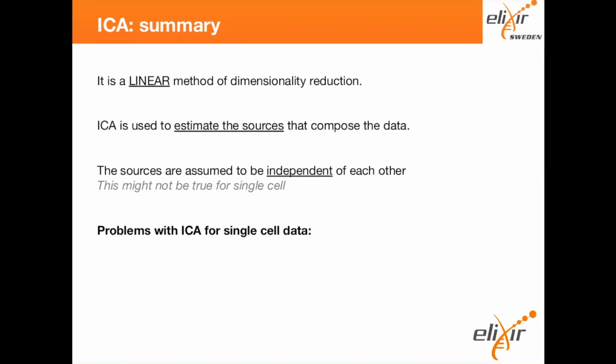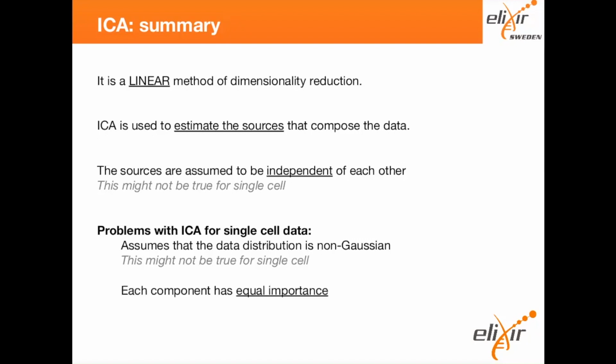So other problems with ICA for single cells specifically: it assumes that the data is non-Gaussian, which might not be true. And each component also has equal importance, compared to, for example, PCA, where the first principal component is more important than the second and the third and so on. For ICA, everything is equally important.